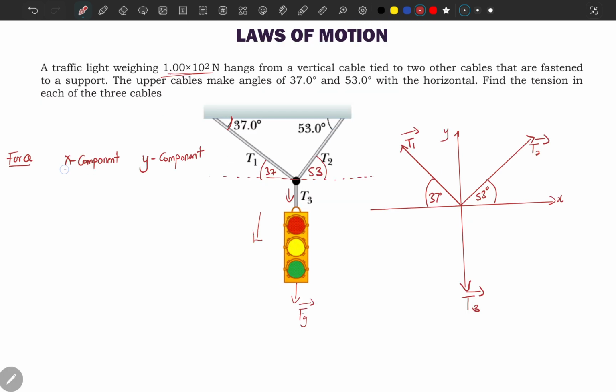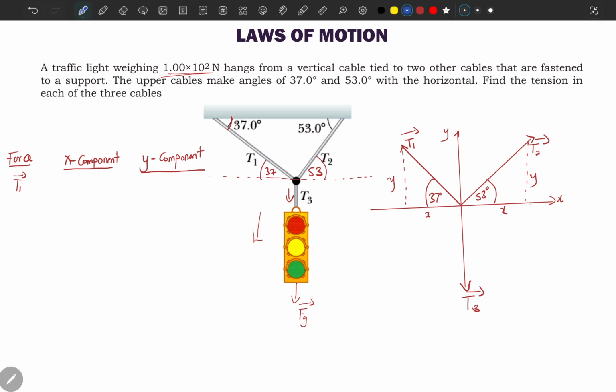So let's branch this into X and Y components. Let's start with the first tension, tension 1. This force here has got the X and it also has the Y. The same thing here has got the Y, also the X. In the X, we always talk about the cosine, and in the Y, we always talk about the sine. We always get the angle from the positive X axis.